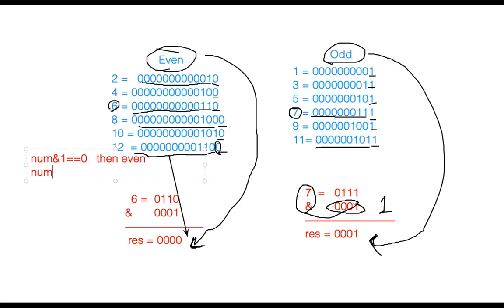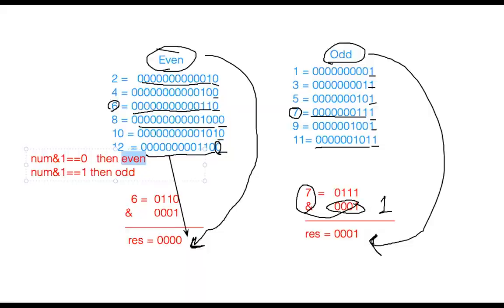And if num AND with 1 equal to 1, then it is odd. So my operation is num ANDed with the 1. If I'm getting the result as 0, then the number is even. If I'm getting the result as 1, then the number is odd.